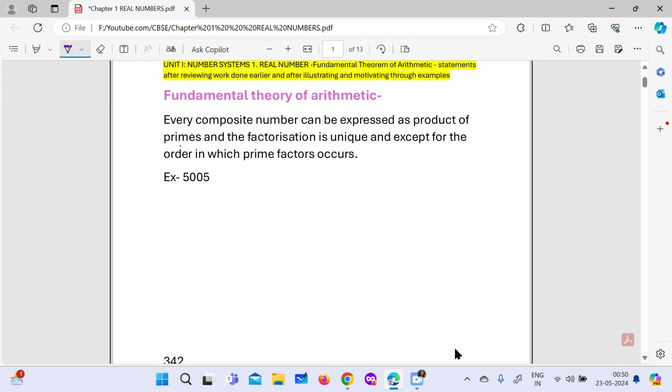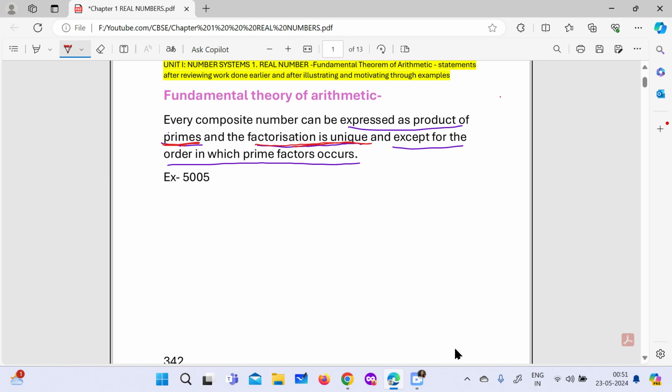The Fundamental Theorem of Arithmetic states that every composite number can be expressed as a product of primes, and the factorization is unique except for the order in which the prime factors occur. So what does it mean? Whatever number you take, it can always be expressed as a product of prime factors, and their factorization will be unique.